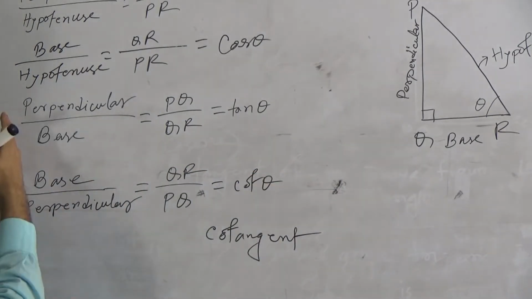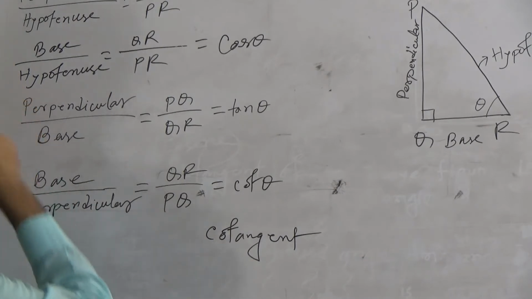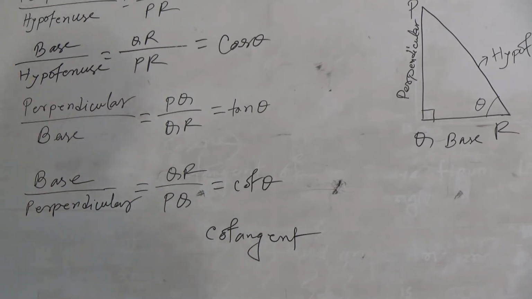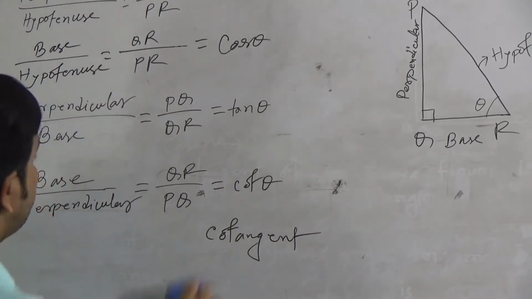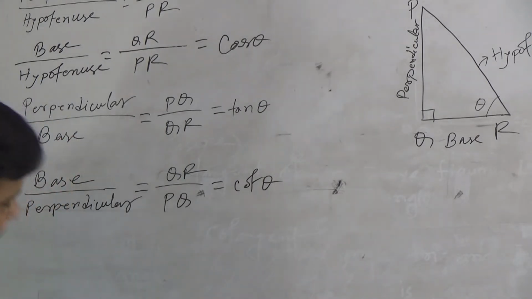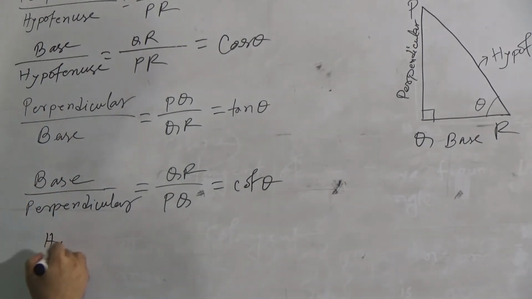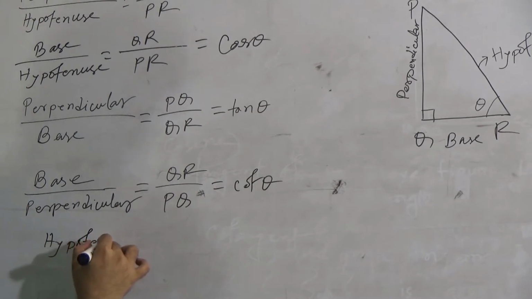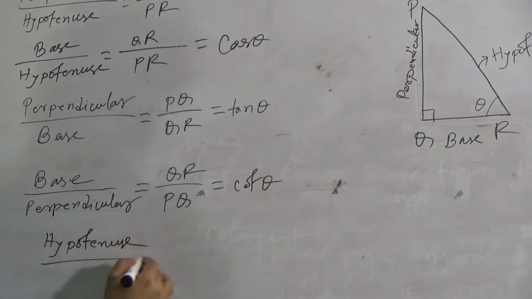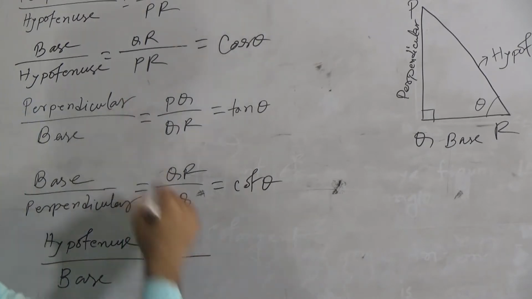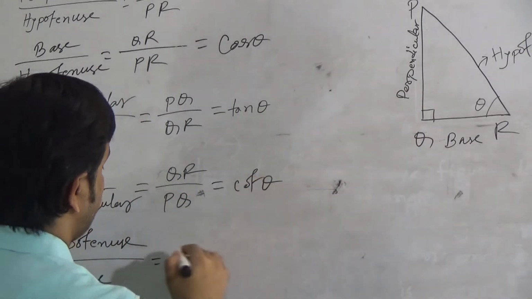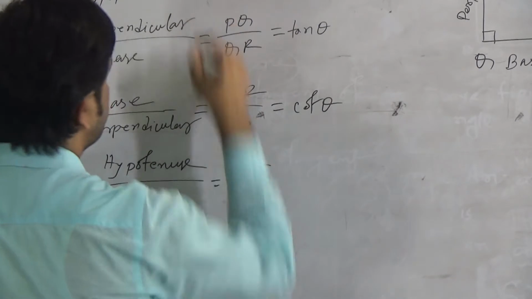Then the next ratio is the opposite of base ratio hypotenuse, so this will be hypotenuse ratio base. So here hypotenuse is PR and base is QR.